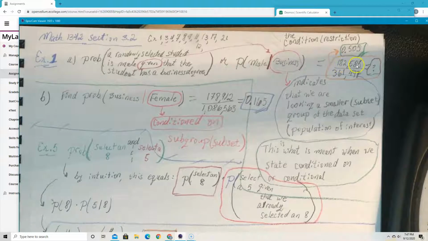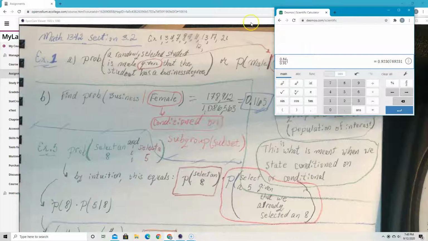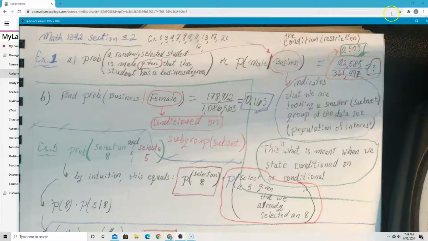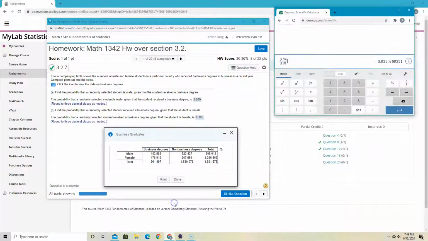So now we just put this in our calculator and then we divide it. So we have 182,585 divided by the 361,497.